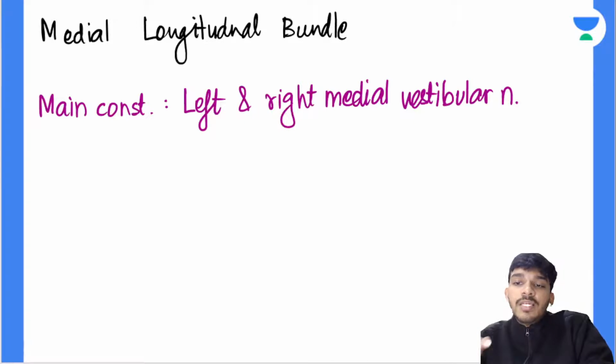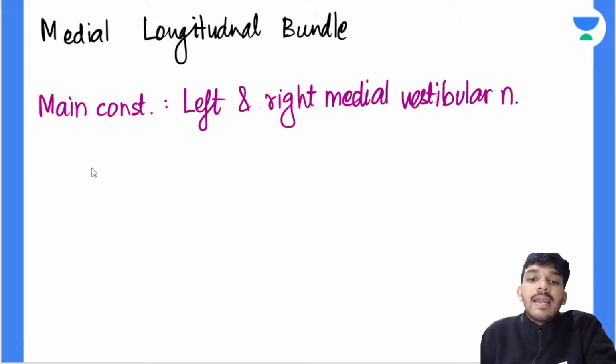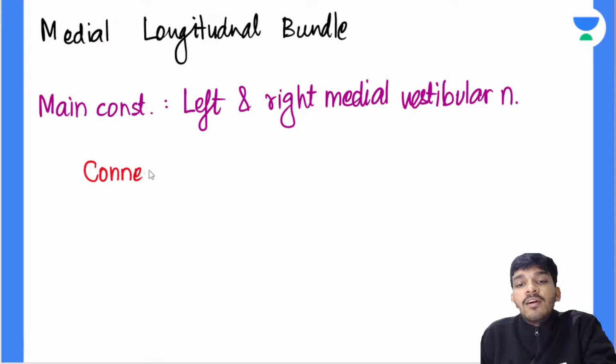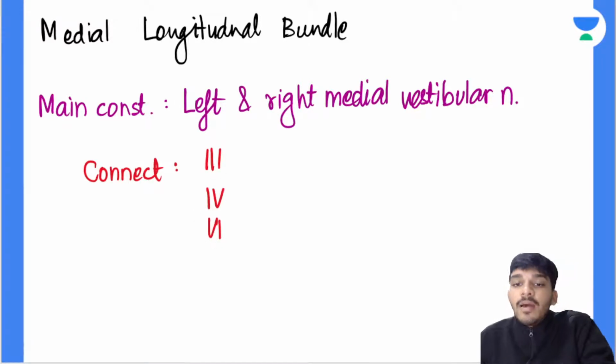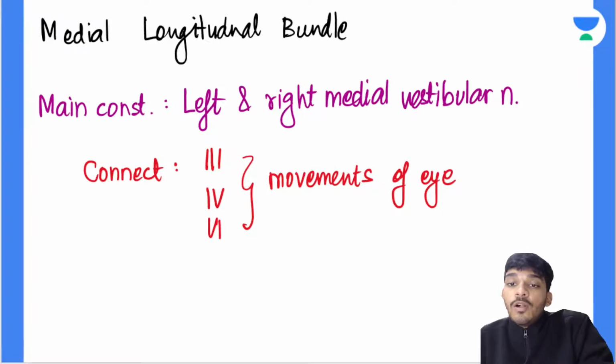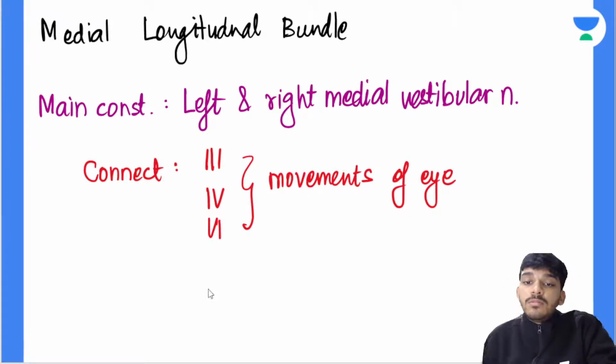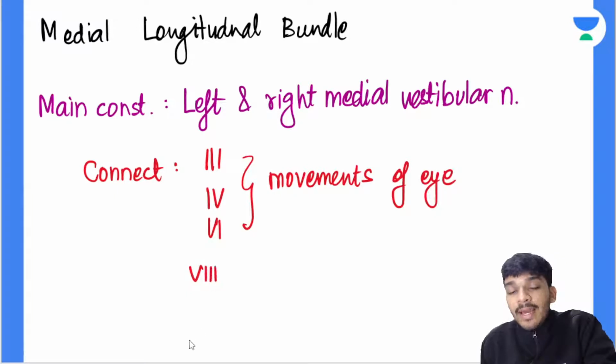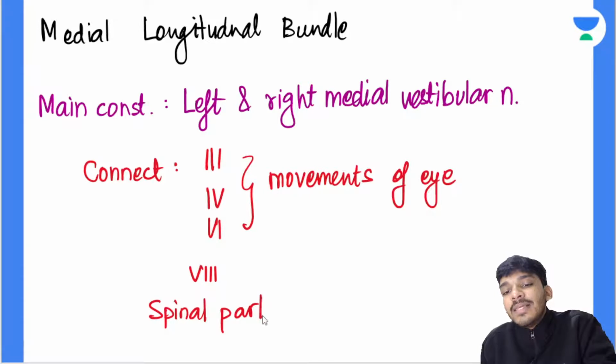The importance of these fibers is that they connect cranial nerve nuclei 3, 4, 6. Because they connect cranial nerve nuclei 3, 4, 6, they are responsible for integration of movements of the eye, right? They also connect cranial nerve nucleus 8 and the spinal part of the accessory.